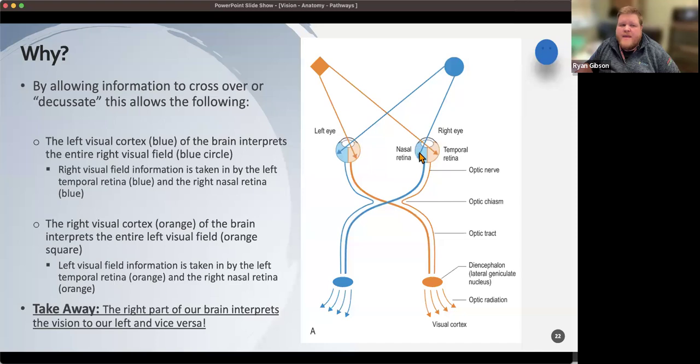So this light comes in, and this is the majority of the fibers. 75% of fibers in the dog are going to come in and cross at the optic chiasm, and then they go to what we call the lateral geniculate nucleus, which lives in the diencephalon. They're going to travel up the optic radiation and be controlled by the left cortex, specifically the occipital lobe.